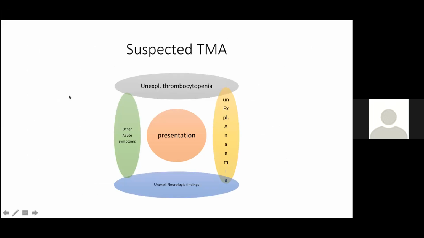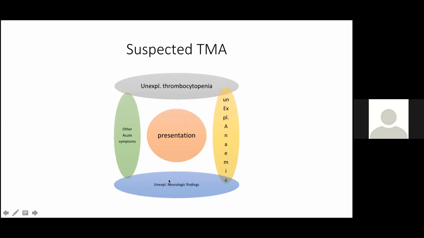Right, then how will they present? Of course, I said there will be thrombocytopenia. At the beginning, you will identify unexplained thrombocytopenia, unexplained anemia, and unexplained neurological findings.